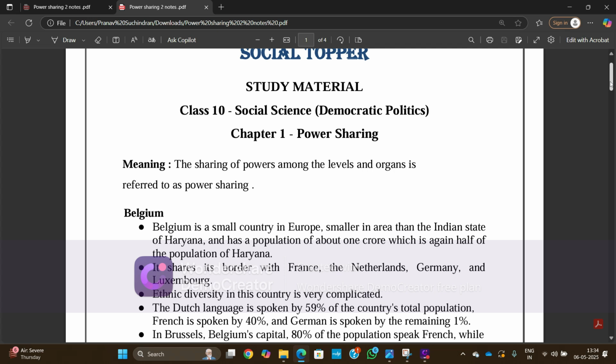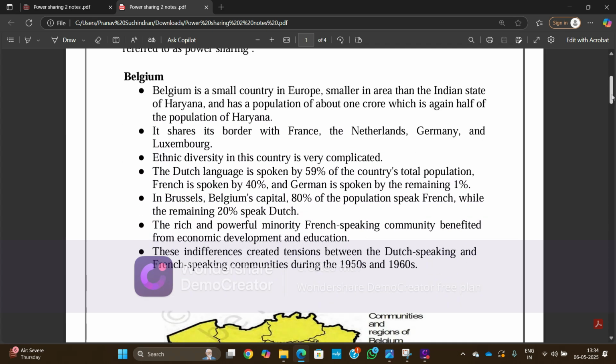The ethnic composition, or the ethnic diversity, of this country is very complex. Now, let us look at the ethnic composition of Belgium. 59% of its population live in the Flemish region and speak the Dutch language. 40% of its population live in the Wallonia region and speak French. 1% of its population speak German.